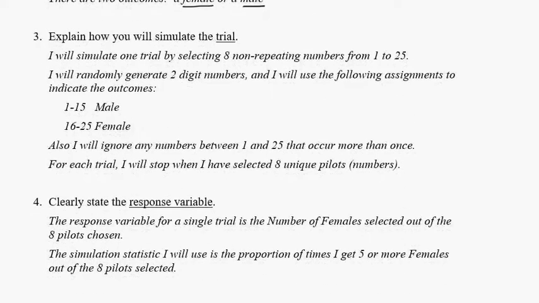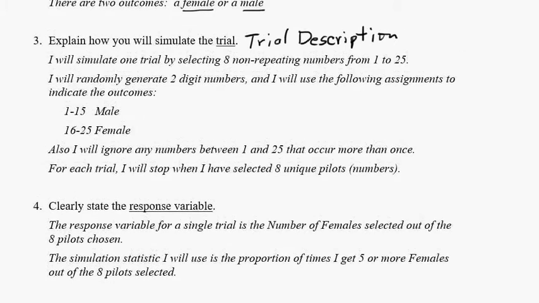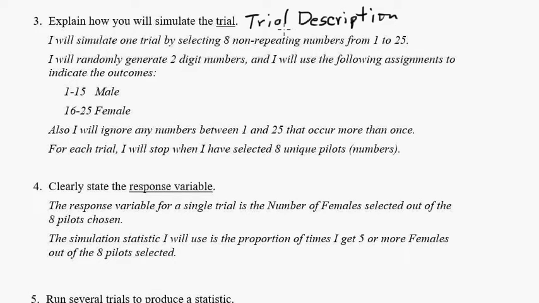Now, the next thing that we do, once we've got the outcomes identified, is what I call a trial description. In the trial description, what we really want to do is say how we use random numbers to represent the situation.